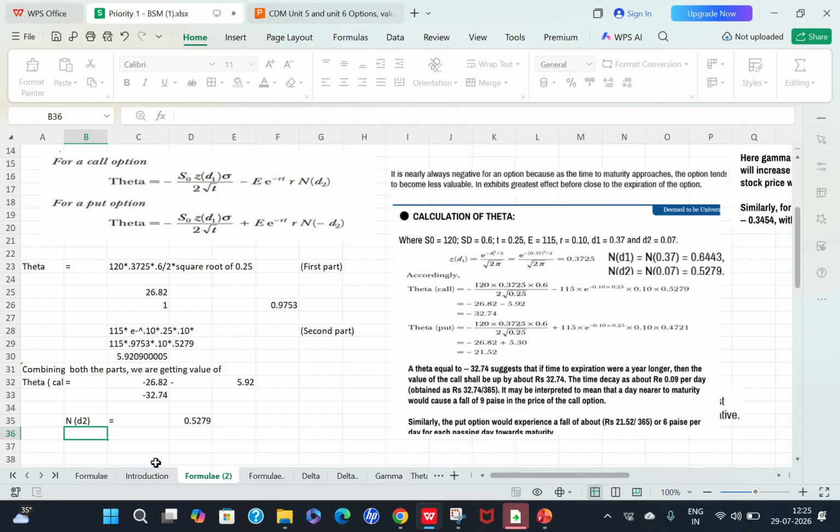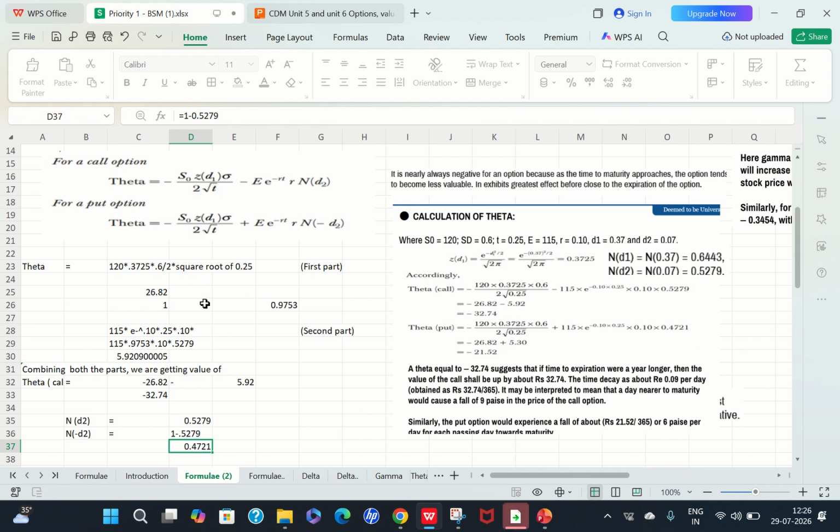What we exactly require is N of minus d2, right? So how do we do it? 1 minus 0.5279. When you subtract, we get the remaining portion, which is 0.47. That is how we derive 0.4721.